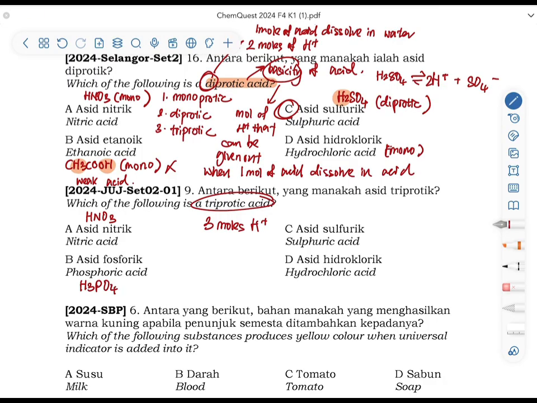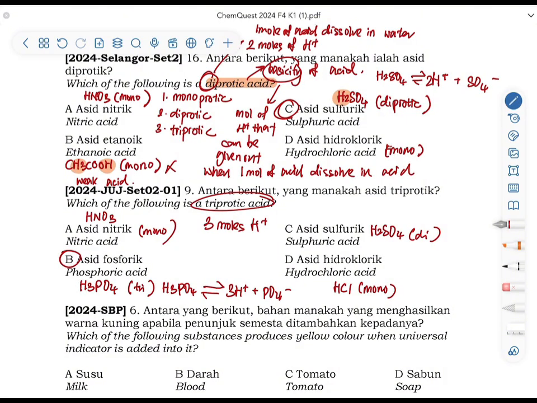C, sulfuric acid, which is the diprotic acid in the previous question, and D, hydrochloric acid, which is the monoprotic acid. So the answer would be B, phosphoric acid, as it can produce 3 moles of hydrogen ion with 1 mole of phosphate ion.